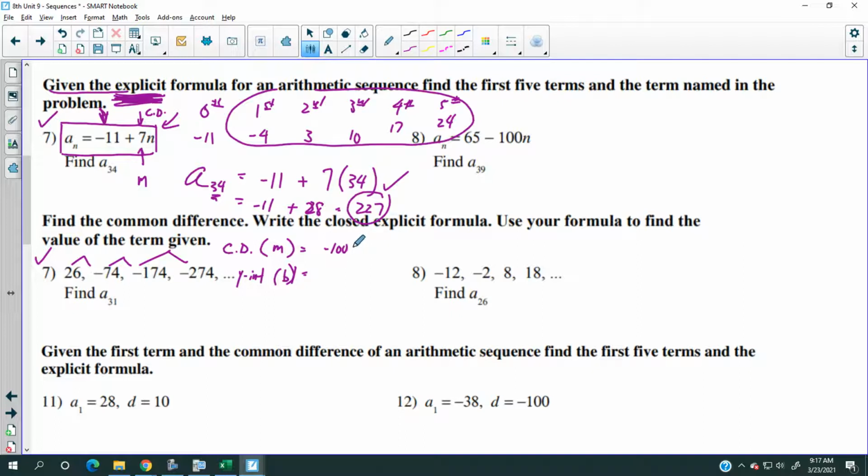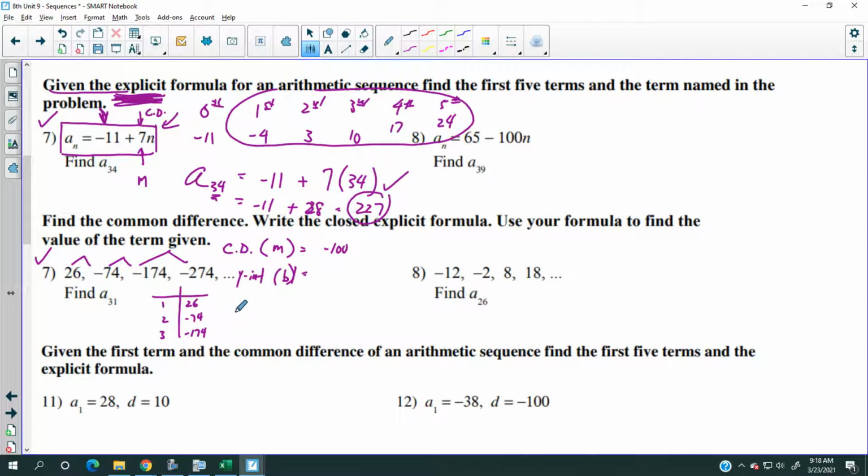Now, they want to know what the explicit formula is. Let's go through that again. Here, I'm going to set up a mini table of values. The first term is 26, the second term is negative 74, the third term is negative 174.